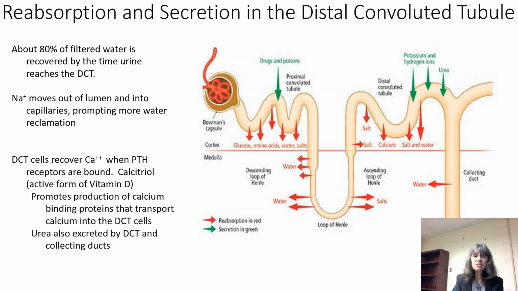And the distal convoluted tubule cells can also recover calcium in the presence of parathyroid hormone.